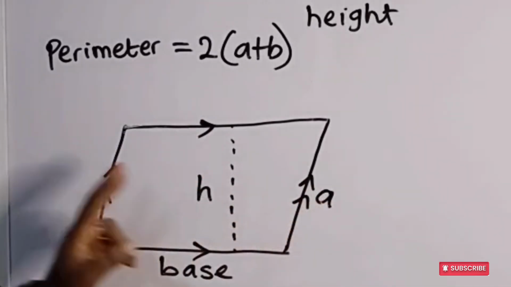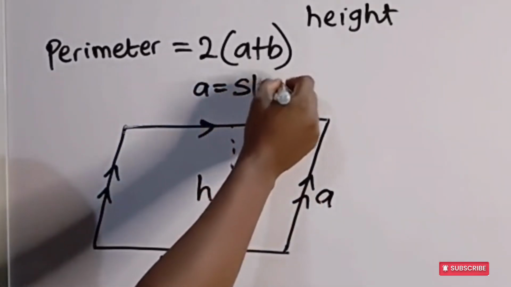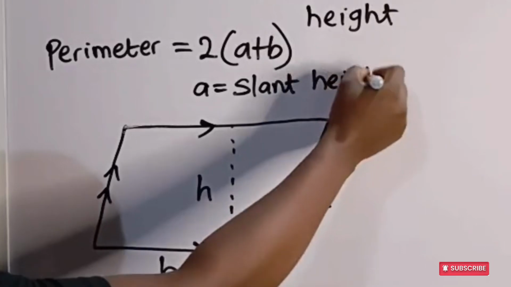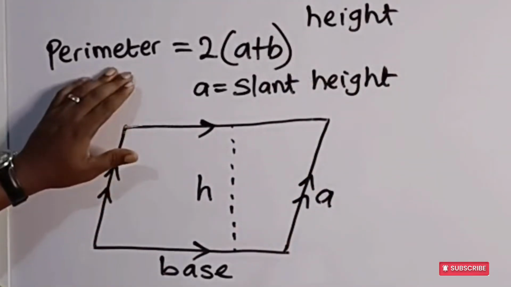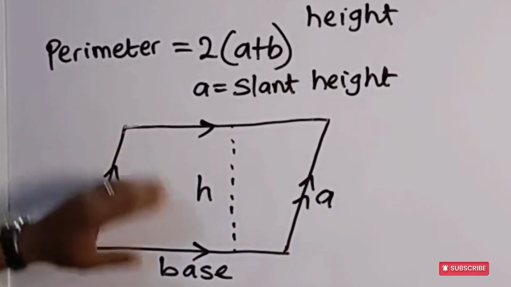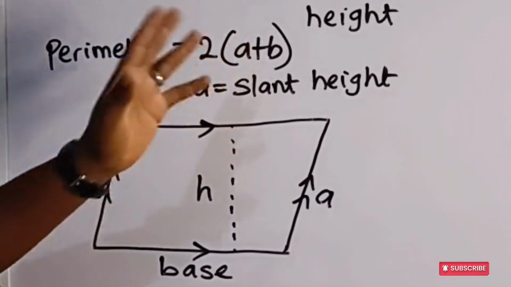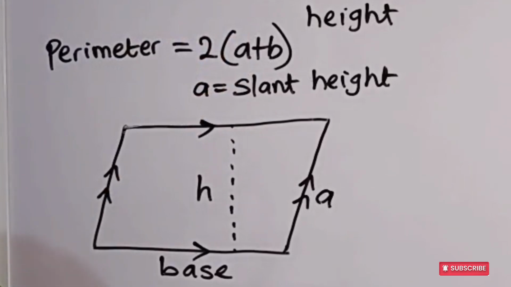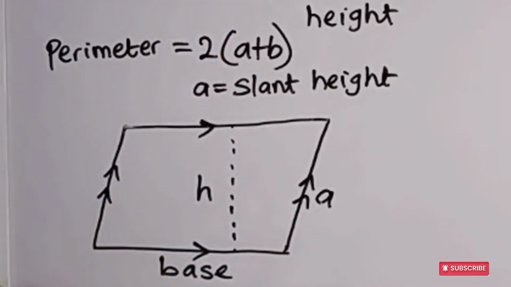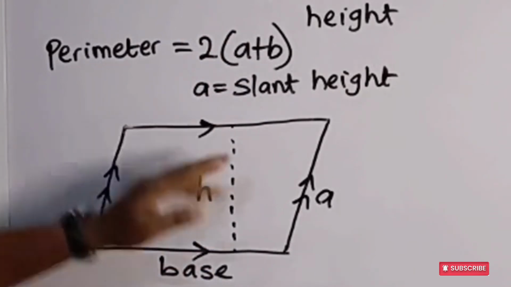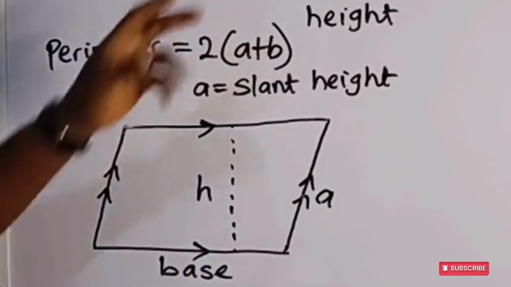Remember, this side is the slant height, so A here is equal to the slant height. The perimeter is 2 multiplied by the slant height plus the base, because to get the perimeter you need to add all the sides. Since this side is equal to this side, and this side is equal to this side, the formula is 2 multiplied by their sum.